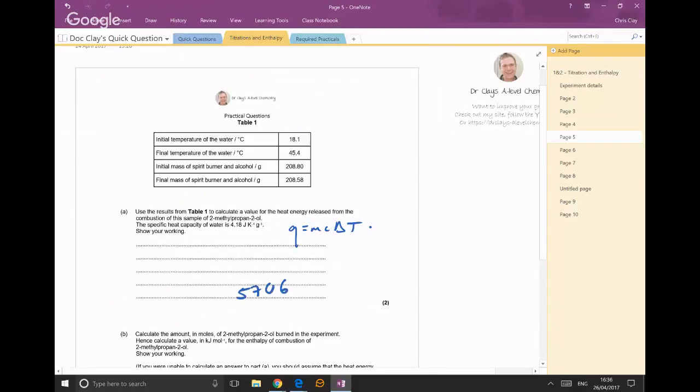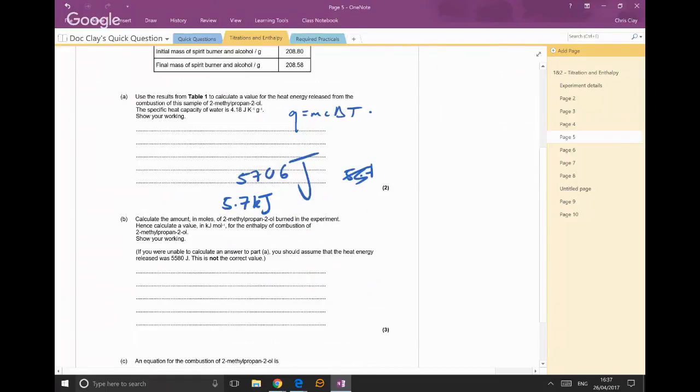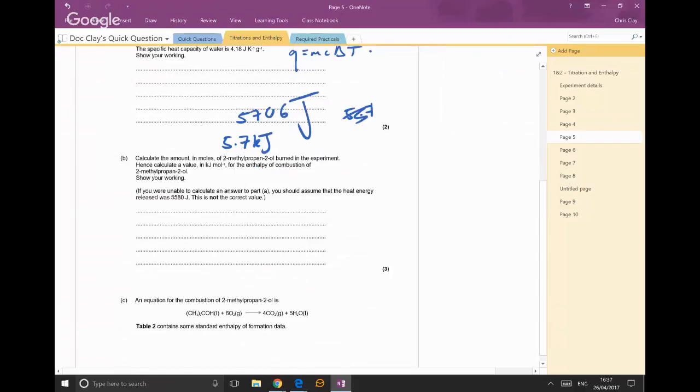If you were to run it through, you should get 5,706 joules, or 5.7 kilojoules if you were going to give it in kilojoules. Either answer is correct as long as you are using the right unit. Calculate the amount in moles. This question is really here just to show the sort of question we might get associated with practicals.